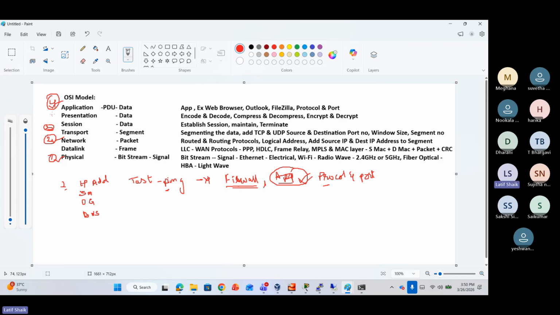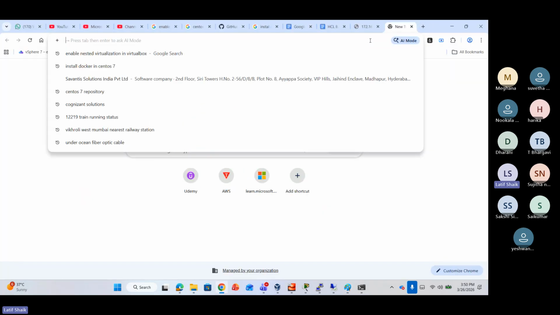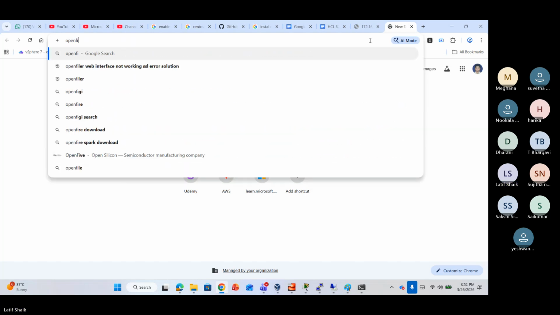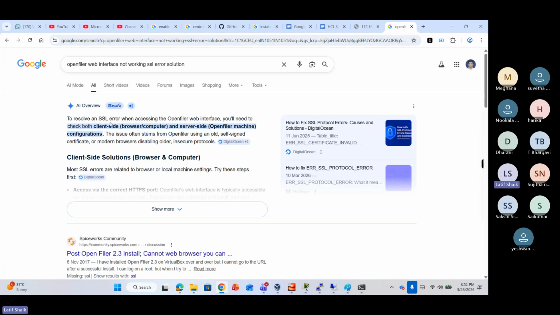As I said, the presentation layer. In the presentation layer, a very important thing is encryption. You know, one of my favorite storage appliances is Openfiler. Openfiler is a storage appliance, a simple virtual machine.